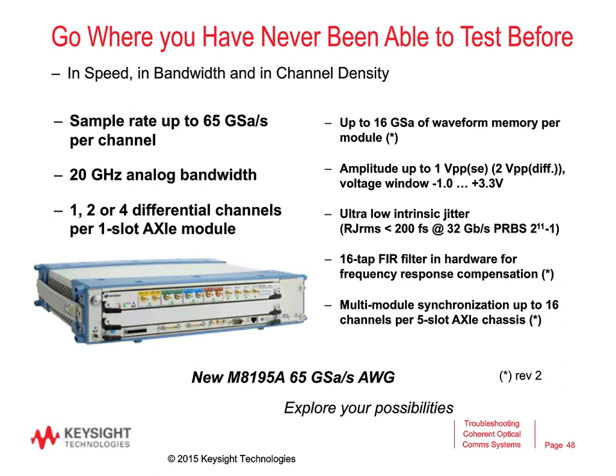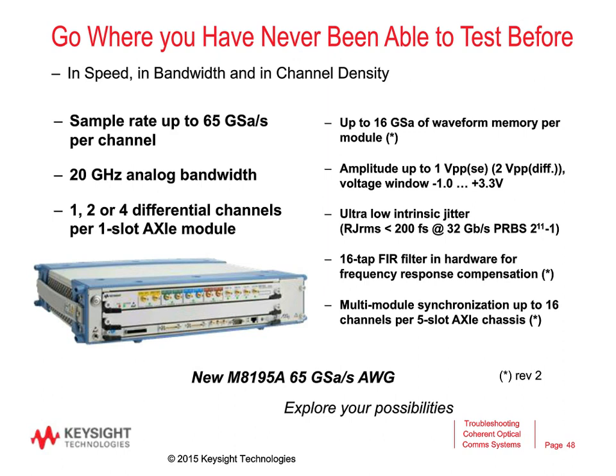In terms of memory, we provide up to 16 gigasample waveform memory per module. The amplitude can be set between 1 volt peak-to-peak to 2 volt peak-to-peak differential. The voltage window, so the DC offset, can be anywhere between -1 and +3.3 volt.